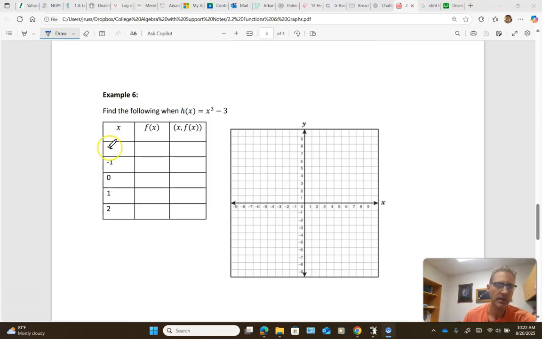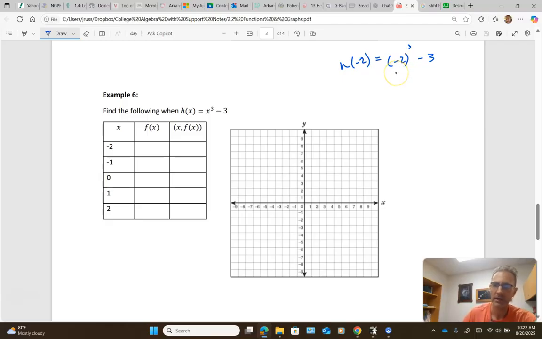But anyway, I will do one of these by hand again. Let's plug in -2. The name of this function is h of x, so essentially what we want to do is find h of -2. In other words, what's the value of the function when x is -2? Plug -2 in, except this time we're cubing it, and then subtracting 3. When you cube a negative, you get another negative.